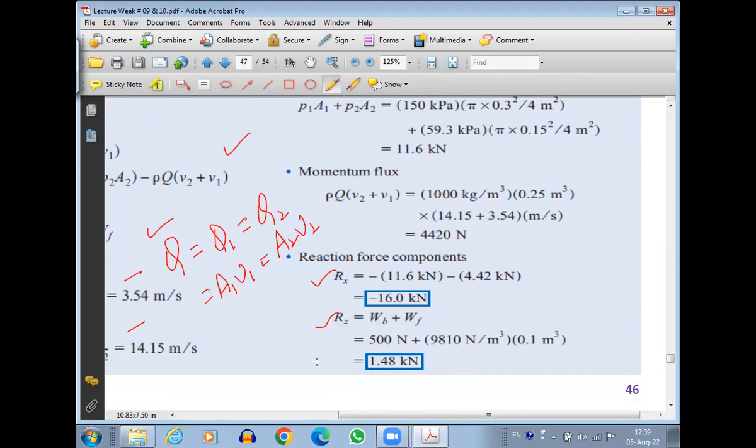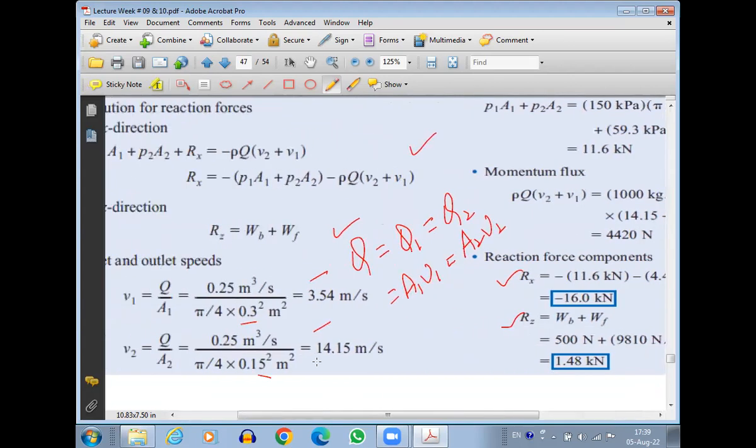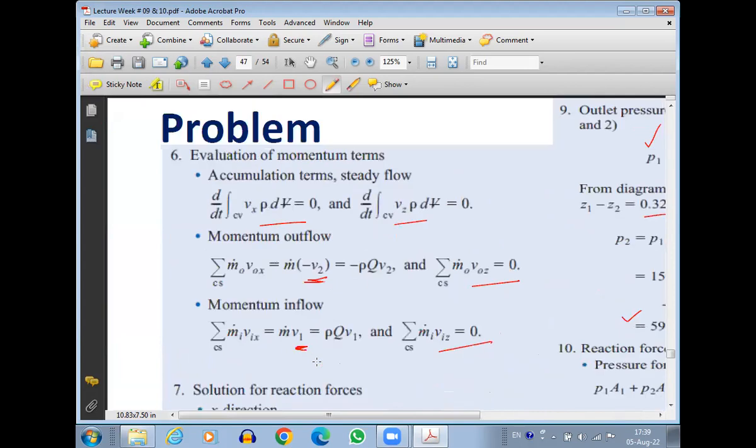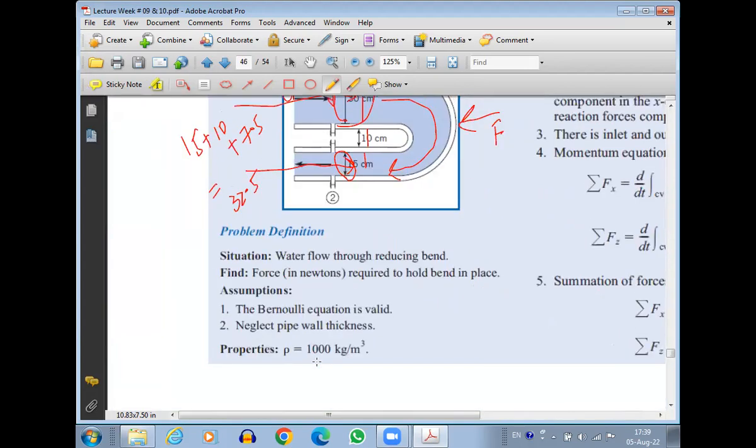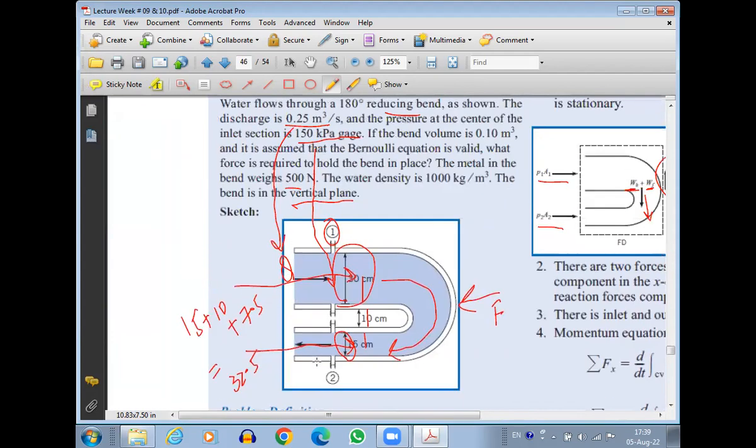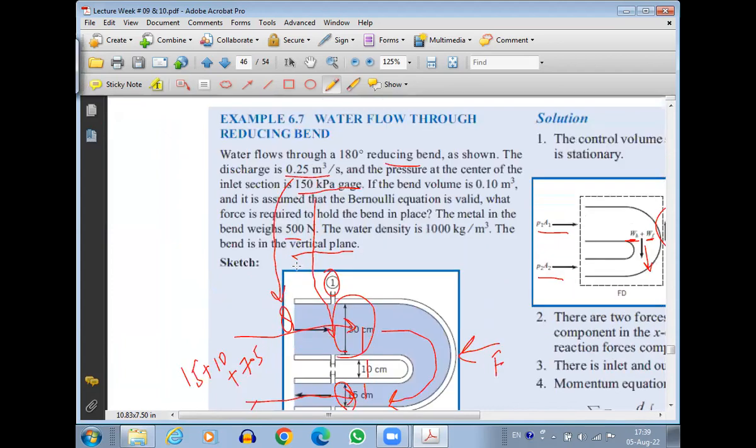I can make a change in this problem: instead of asking you to solve it as if it was in the vertical plane, I can say the bend is in the horizontal plane. You get the idea. Then the weight will not be added in the Z component.